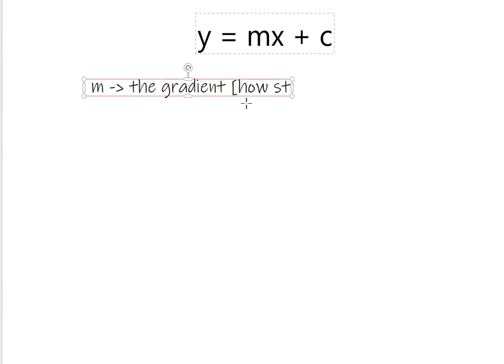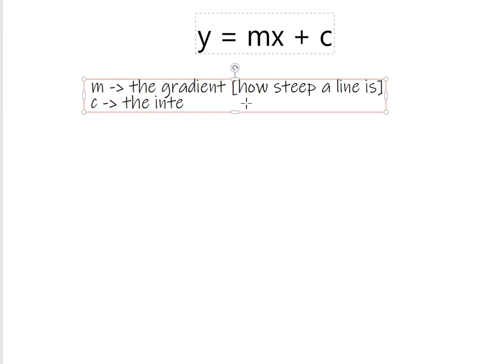It's how steep a line is, and that's simple. c is the intercept. What's the intercept? The intercept is where the line crosses the y-axis.